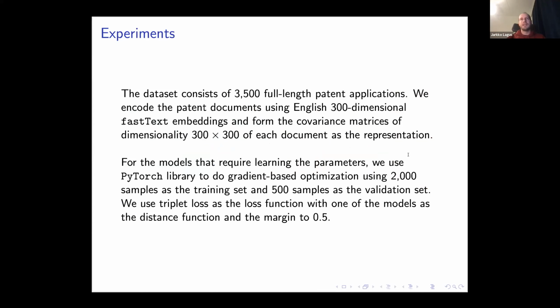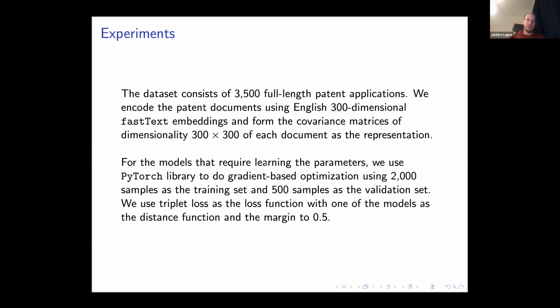The training set we used contains 305,000 full-length patent applications, and we encode them using fastText embeddings, and then form those covariance matrices. So for each patent document, we get a 300 times 300 representation. And then we use these previously mentioned models, optimizing them using the PyTorch library in a way that we have 2,000 samples as the training set and 500 samples always as the validation set.